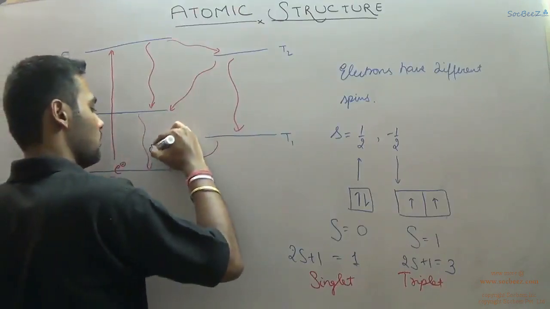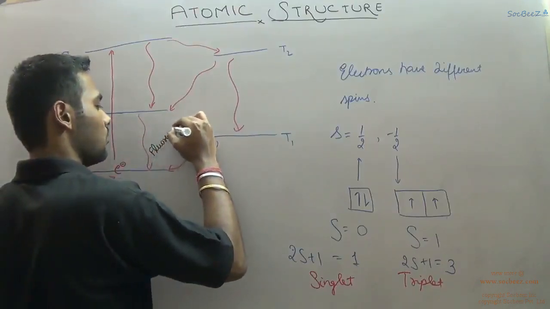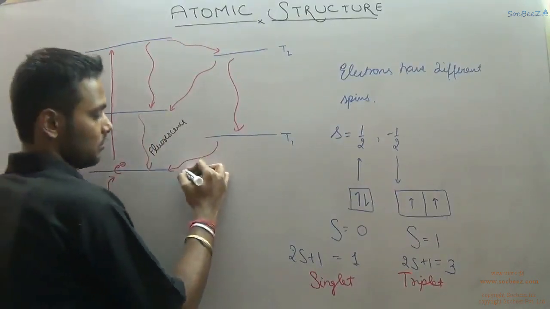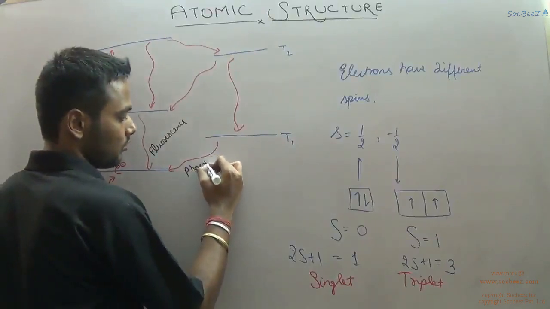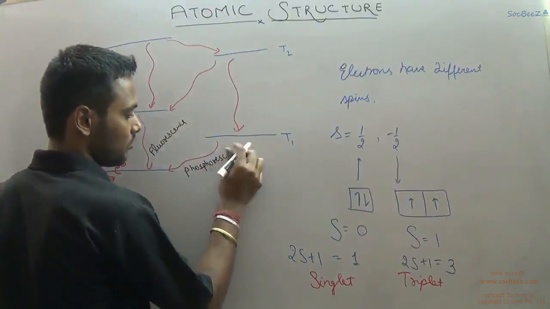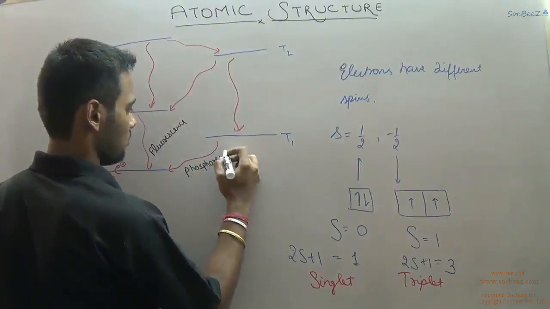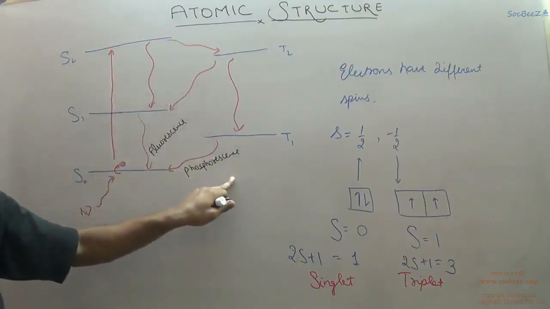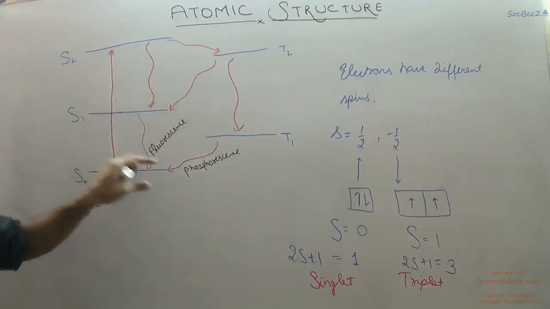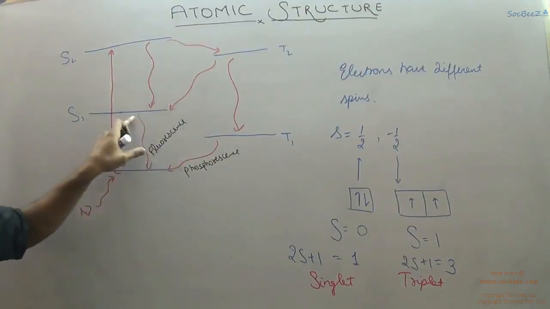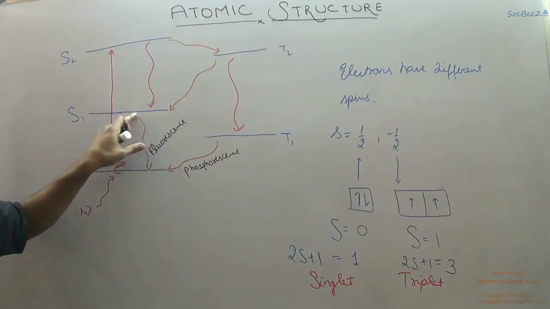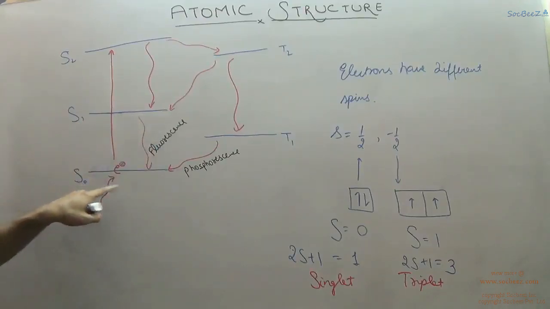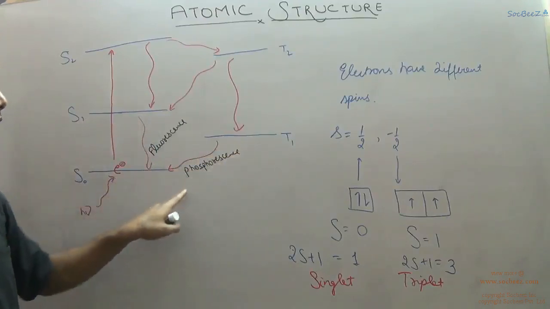This process is known as fluorescence. Whenever an electron comes from T1 to S0, this is known as phosphorescence. So these are the two processes depending on the type of transition the electron is going through.